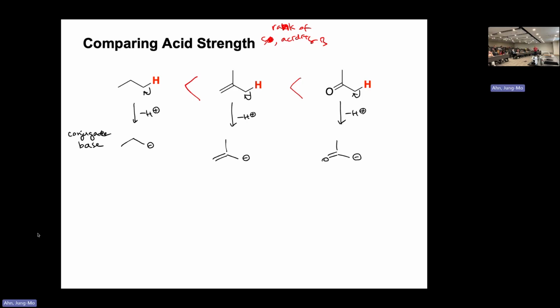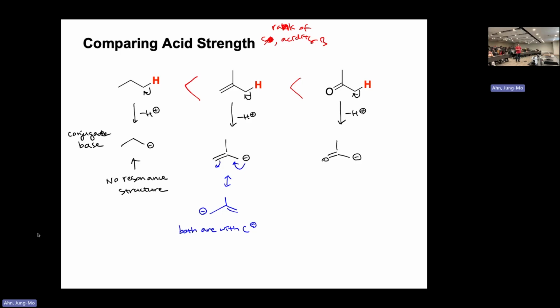This one, you cannot draw any resonance structures. Compared to this one, you can draw the resonance structure by having this negative charge come in, make a double bond here. That double bond has to come out. That means this carbon has excess electrons, so that's going to be negatively charged. What it means is that you can draw the resonance structures.